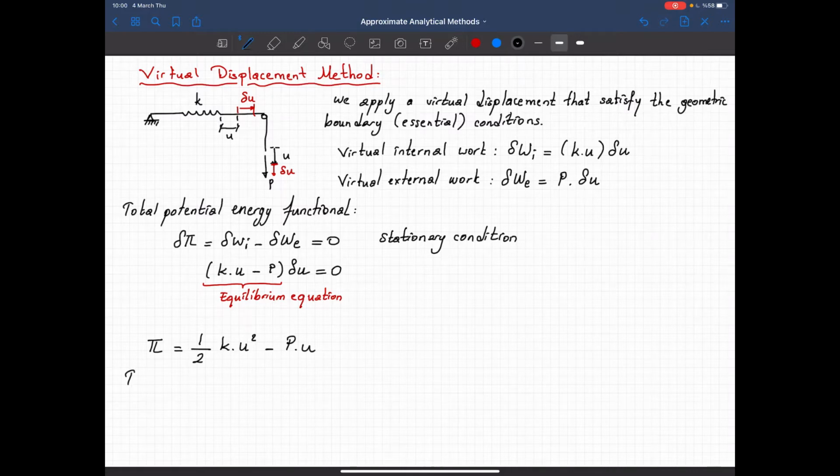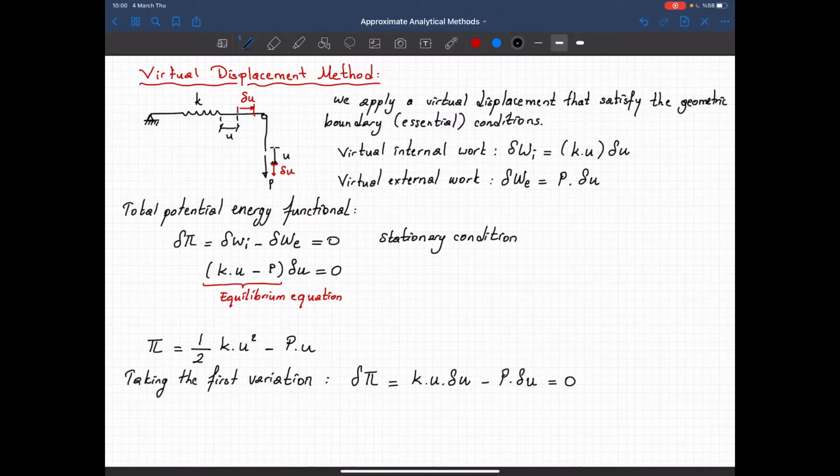So taking the first variation, the variation in the total potential energy functional should be equal to K times U times the variation in the displacement minus P times the variation in the displacement. And we know that the stationary condition, the equilibrium condition, must say that this should be equal to 0.